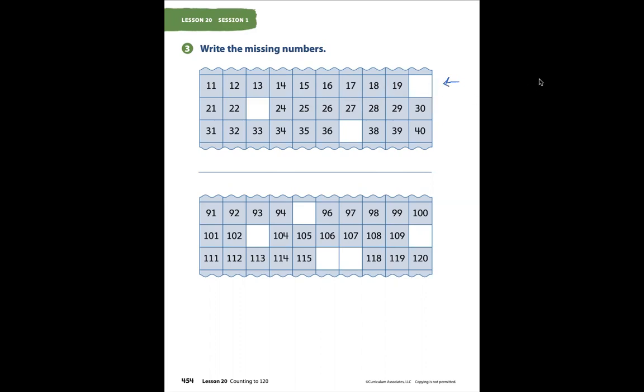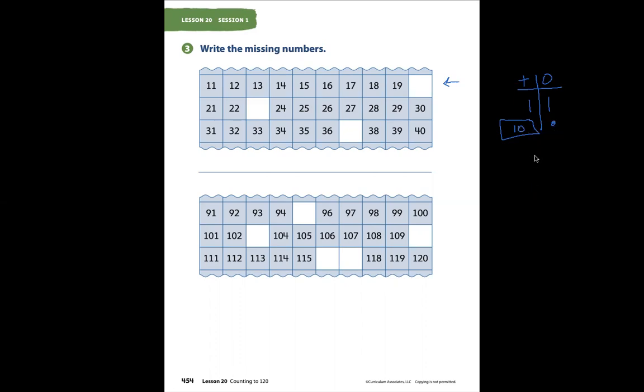Let's see. If we have tens and ones, if we have 11, that shows one group of 10 and 1 one.